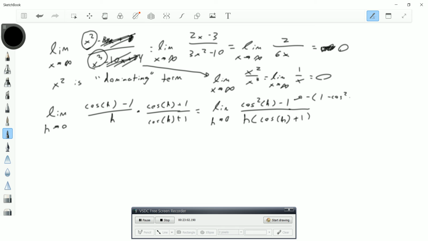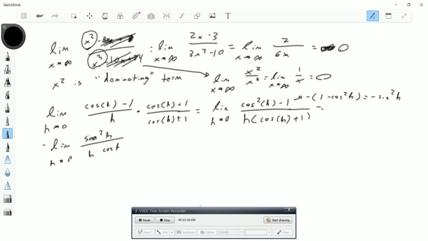So I get the limit as h goes to 0, and I can put this negative sign up front because it's a constant, it's really negative 1, of sine squared of h over h cosine h plus 1.